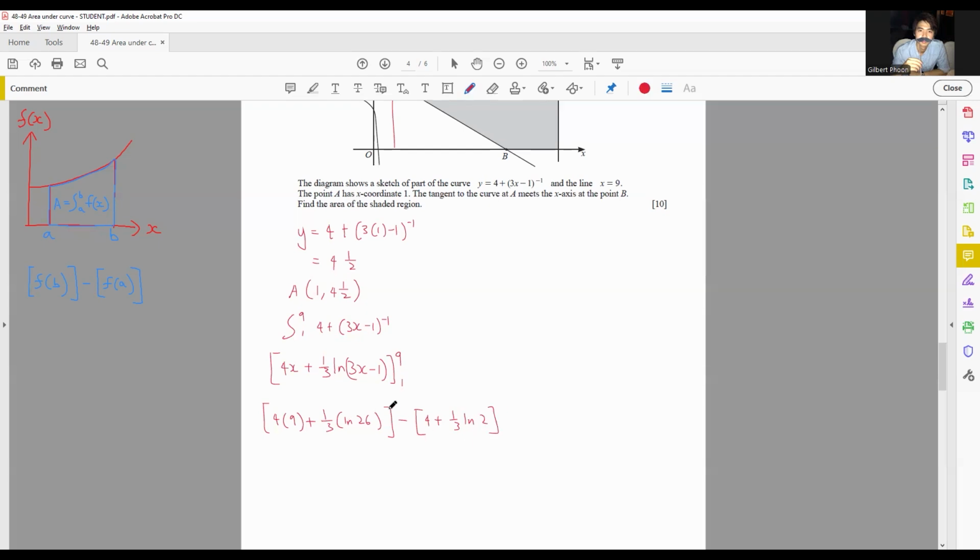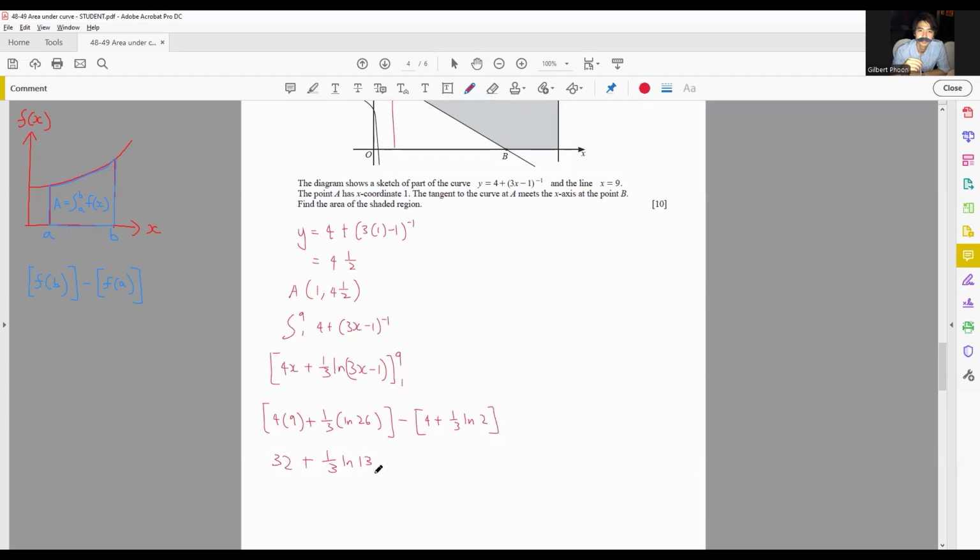Now, simplifying this equation here, you would have gotten 36 minus 4, that's 32. Then ln 26 minus ln 2, you would have gotten plus 1 over 3 ln 13, 26 divided by 2, right? So this is the area under the curve right now.